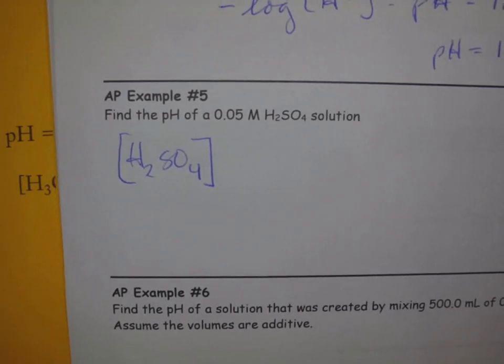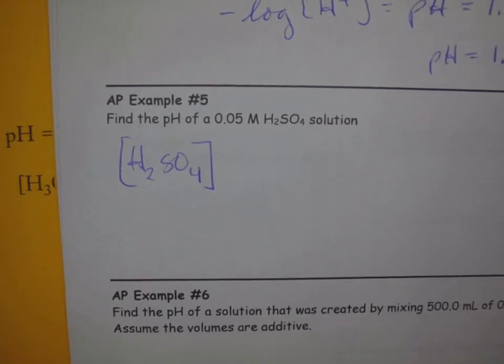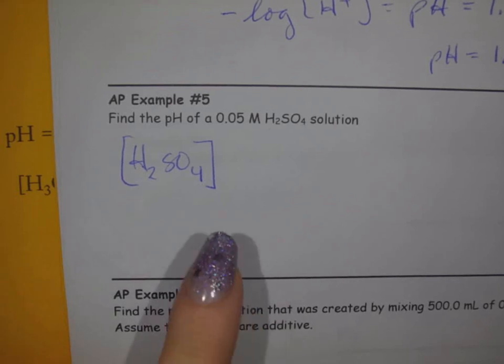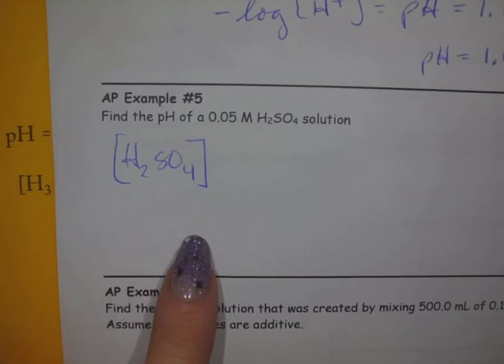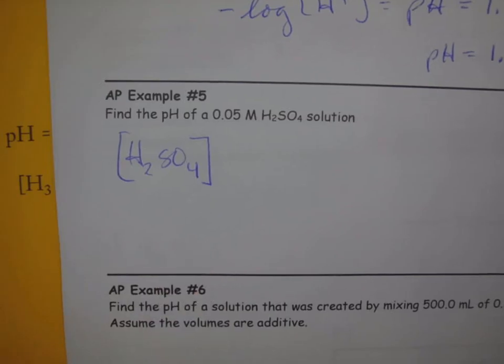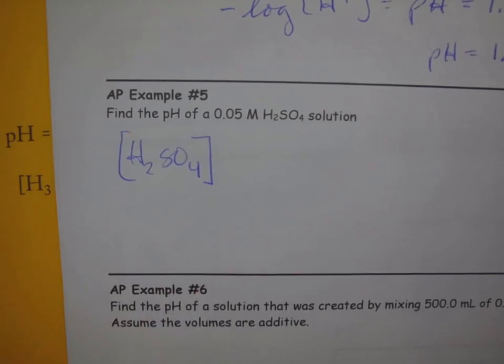Sometimes it only loses one proton, one H+, and I don't want to tell you this wrong, so I just want to double check if it loses both of those hydrogens or if it only loses one of them. I think it's only one of them.